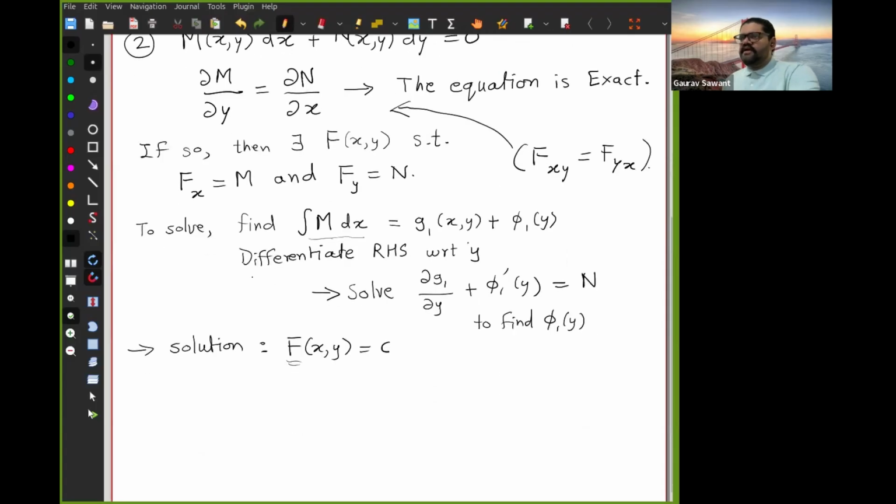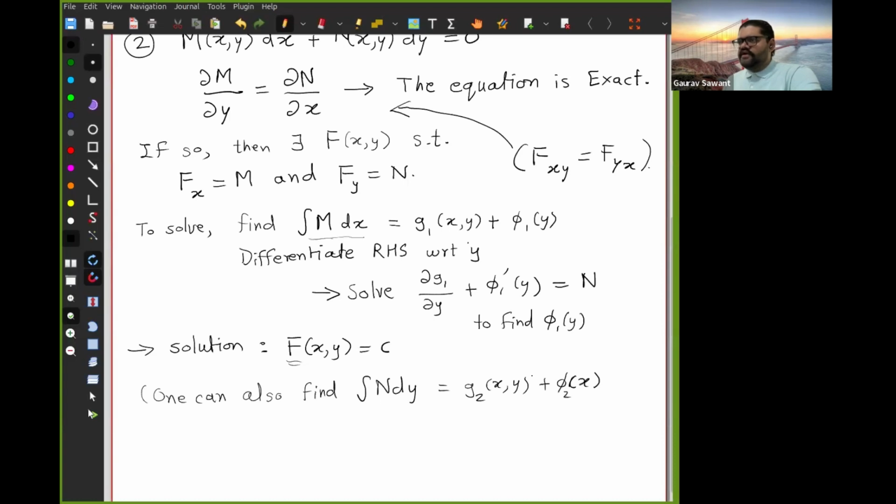And the same thing can be done the other way also. So then also find the integral of N dy, it would be some g2(x, y) plus phi2 of x.